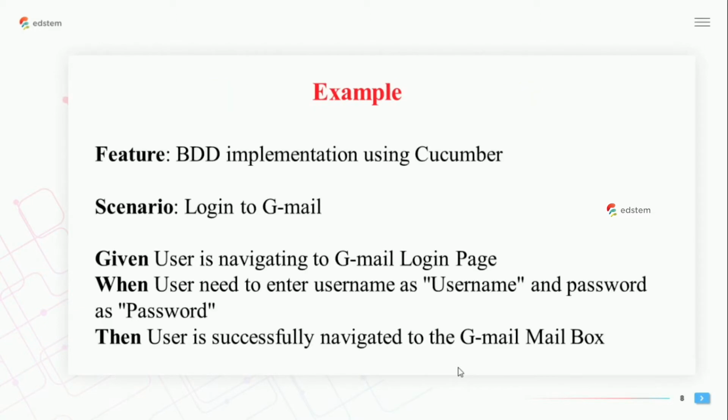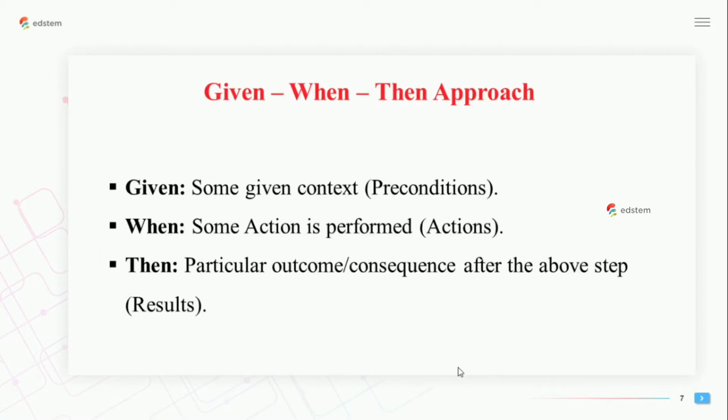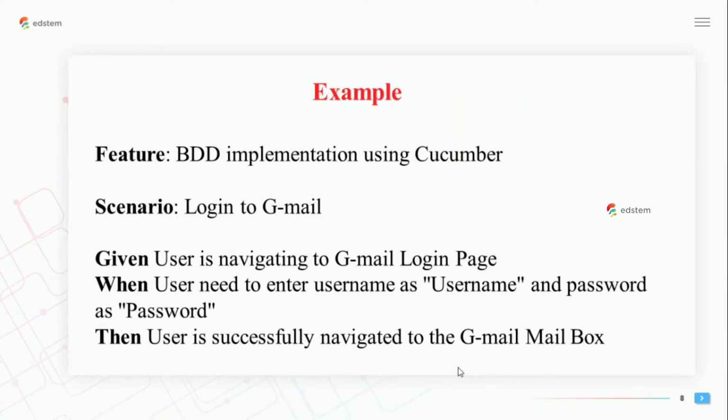So let me explain this using an example. In this example, I have given the feature name as BDD implementation using Cucumber. And I have given the scenario name as login to Gmail. As I have told, given means some precondition. So the precondition here is user is navigating to Gmail login page.